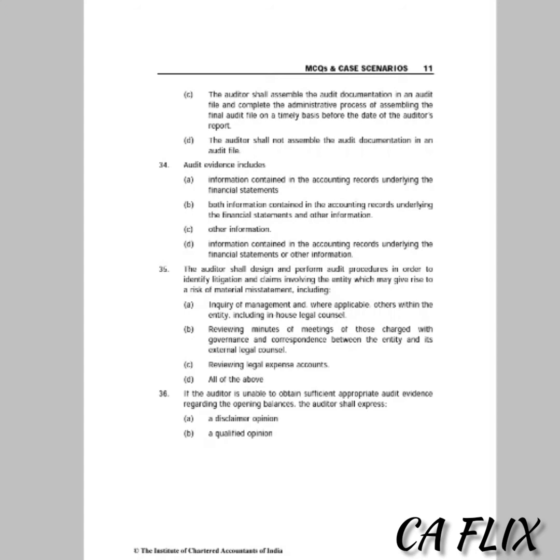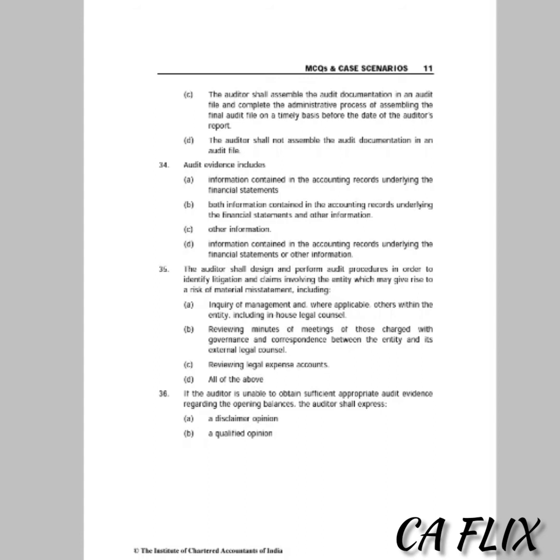Option D. Information contained in accounting records underlying the financial statement or other information. Answer is option B. Both information contained in the accounting records underlying the financial statement and other information.